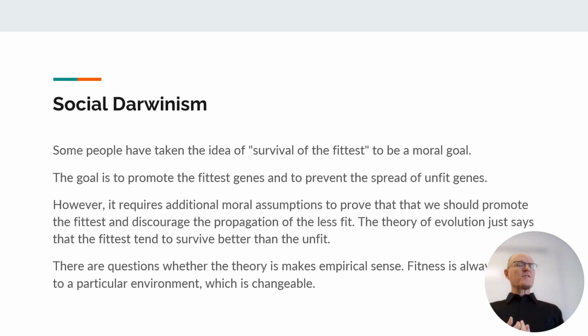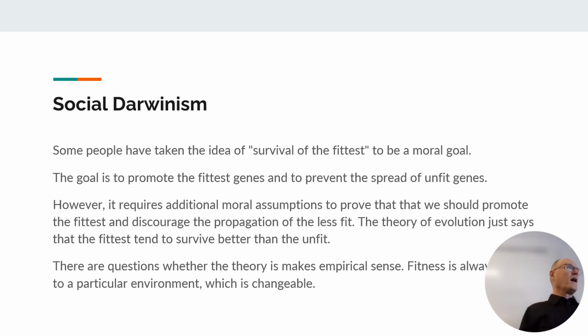It's especially associated with the thinker Herbert Spencer, but it became very popular. And eventually it led to a lot of the eugenic movement, and to the idea that we need to encourage the breeding of some people and discourage the breeding of other people.